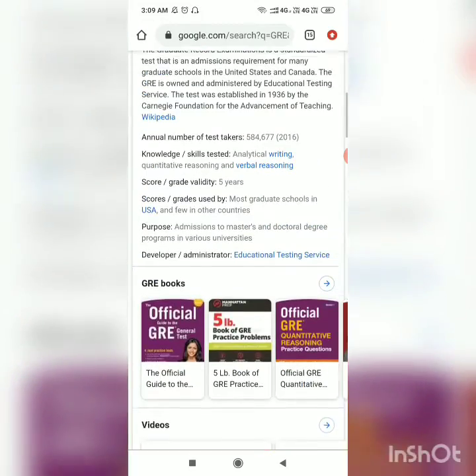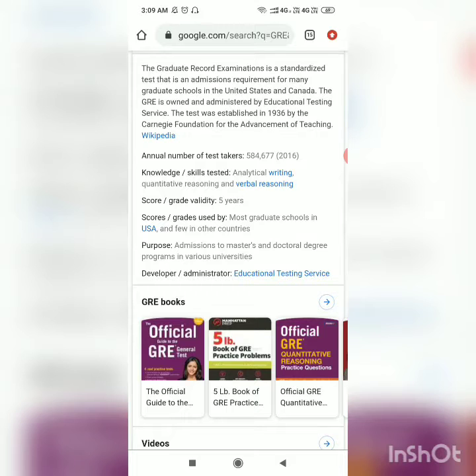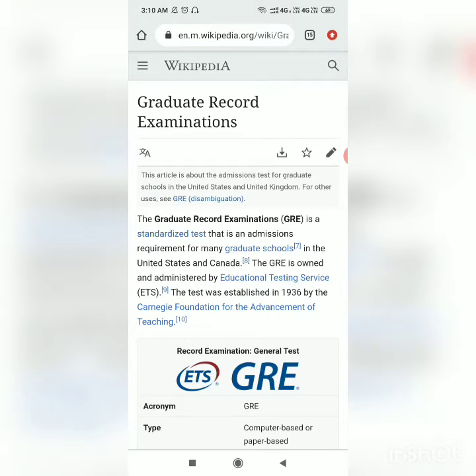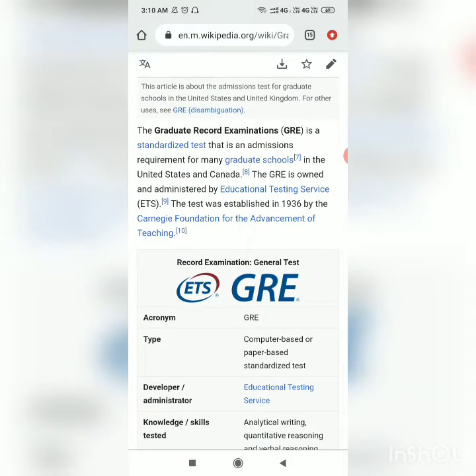You go to the Wikipedia page. GRE stands for Graduate Record Examination. It is a standardized test and an admission requirement for graduate schools in the United States and Canada. GRE is owned and administered by Educational Testing Service.